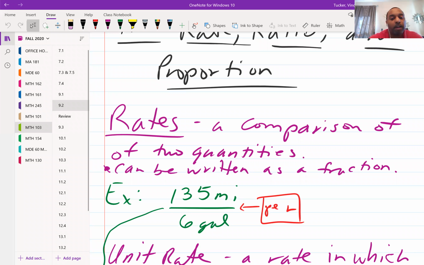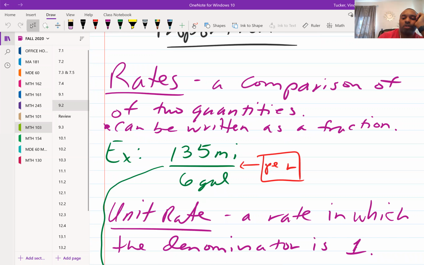So 135 miles over 6 gallons is considered a rate. The division sign is also represented in words as per. So 135 per 6, 135 miles per 6 gallons, or 135 miles for every 6 gallons.